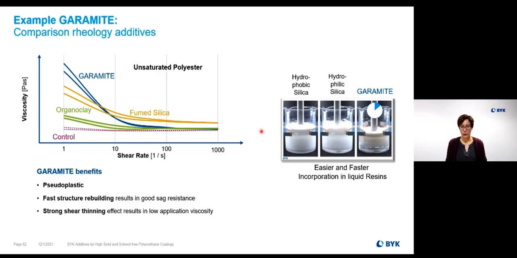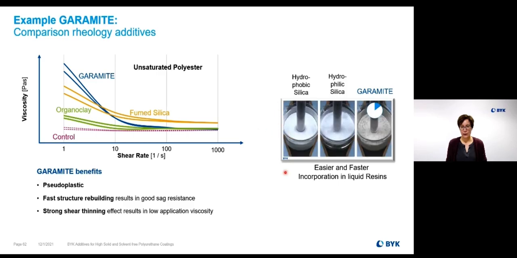When you look very close, you see that the Garamite is much easier and faster to incorporate in liquid resins as compared to the silica types. We get a very nice and well distributed rheology modifier in my liquid resin.